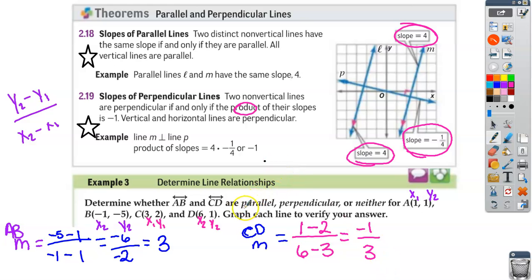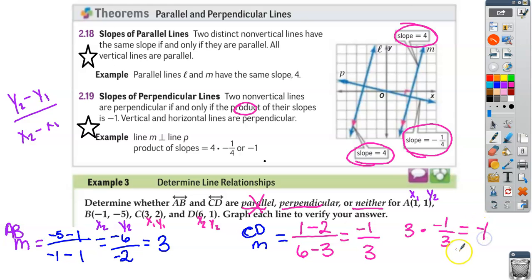Now I need to determine if it's parallel, perpendicular, or neither. Parallel would mean they're exactly the same. Are they exactly the same? No. So they're not parallel. Could be perpendicular. I need to test it. Neither is also a possibility. To test if they're perpendicular, I just need to multiply them. If I multiply 3 times -1/3, do I get -1?